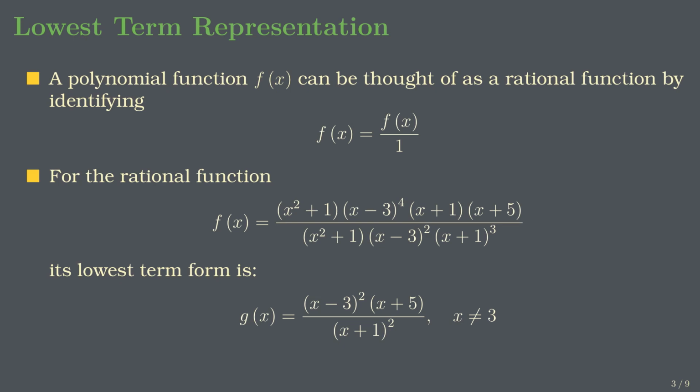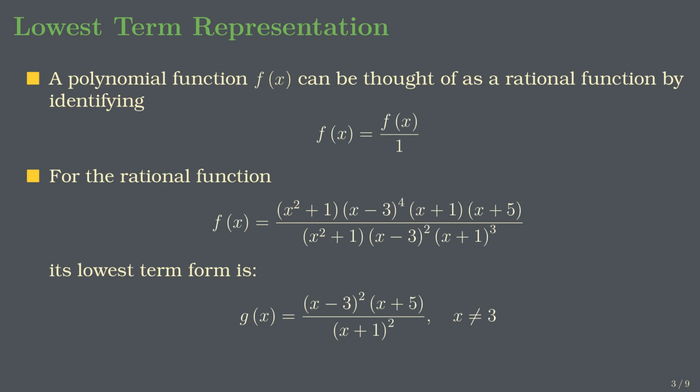But because x squared plus 1 is always positive, you have nothing to keep track of. However, for x minus 3, when x is equal to 3, x minus 3 is 0. So in order to make the lowest term form correct, you have to add the condition that x is different from 3.